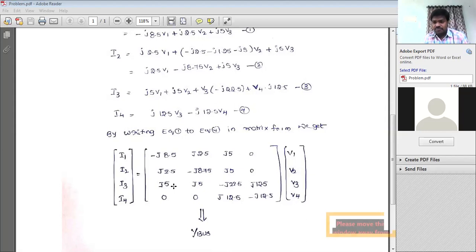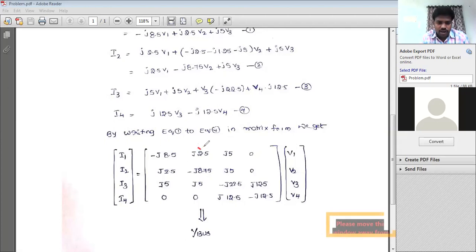Most of the time you will have Y12 equal to Y21, Y13 equal to Y31, Y14 equal to Y41, Y23 equal to Y32, and so on. So this is the best example.